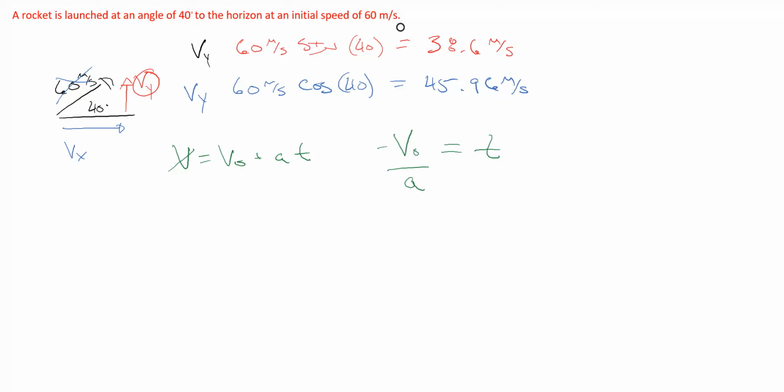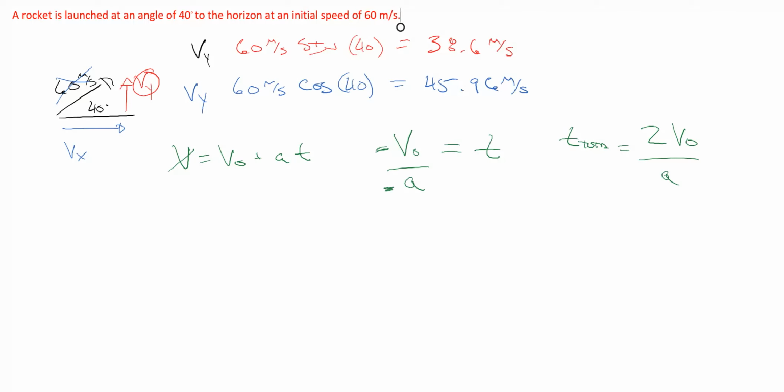Now this is the time it takes to go up, but since we're looking for time total, then t total would just be 2 times v naught divided by our acceleration. And since gravity is negative, these two negative signs cancel each other out.